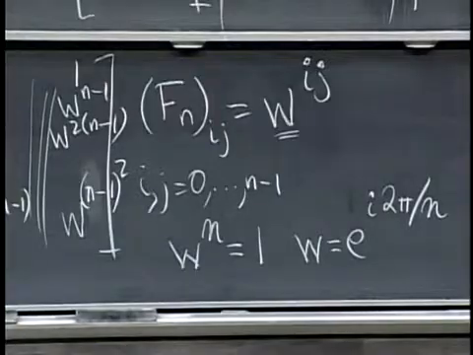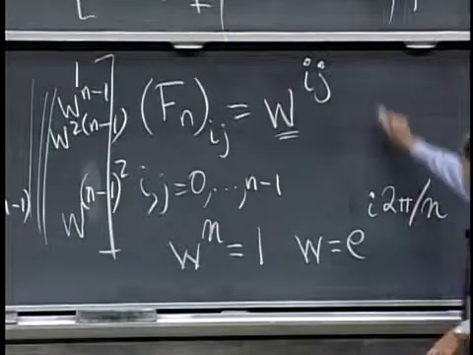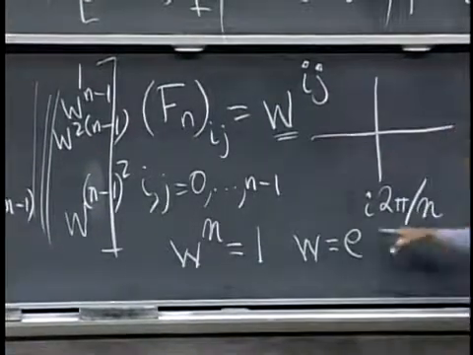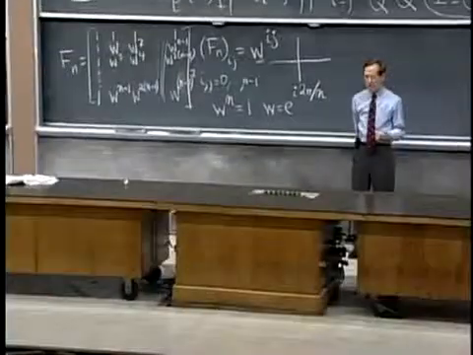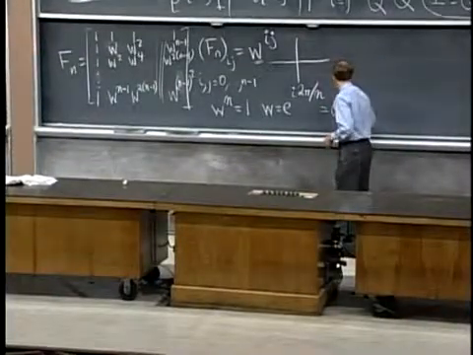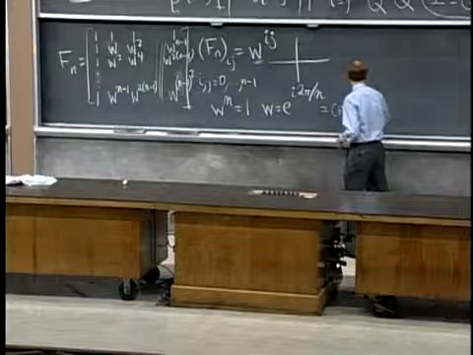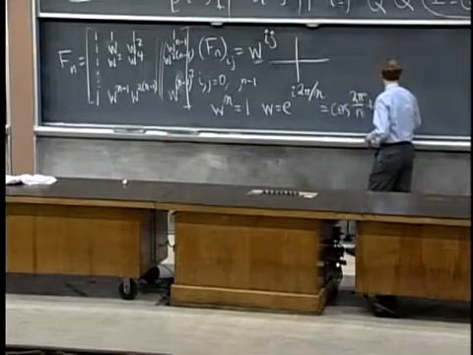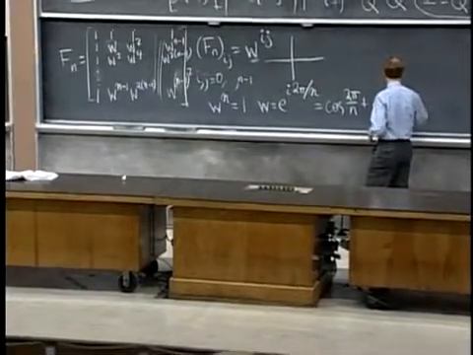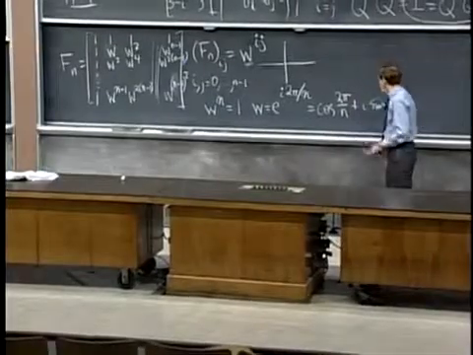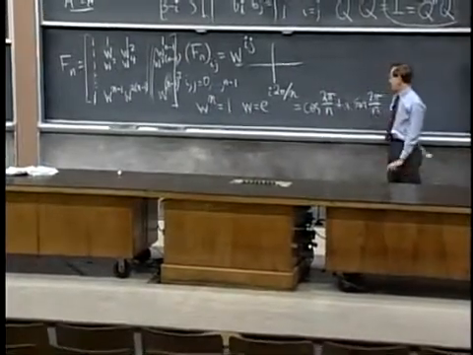Where is this w in the complex plane? It's on the unit circle, right? It's the cosine of 2 pi over n plus i times the sine of 2 pi over n. But actually, forget this.